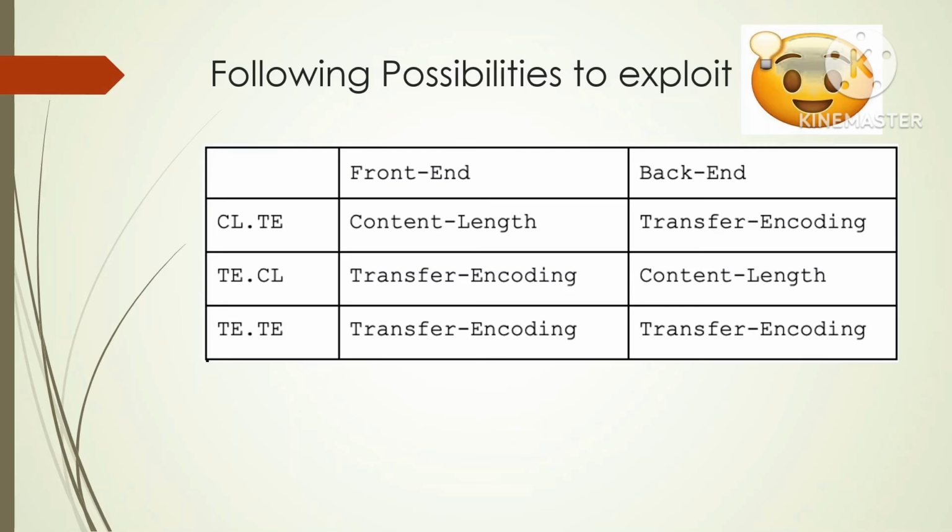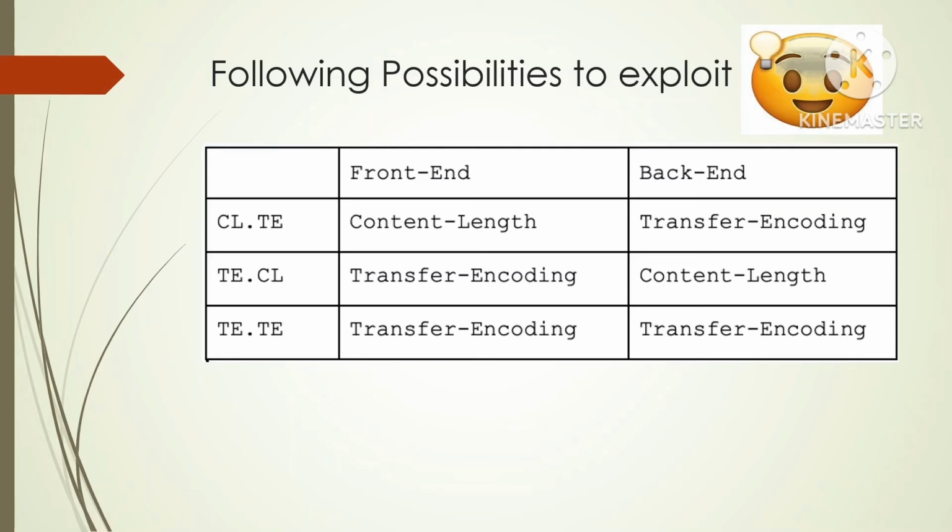It could be the reverse as well, Transfer-Encoding by the front-end server and Content-Length by the backend server. And in the third case, it could be TE.TE, Transfer-Encoding on both, and similarly we can shuffle between these two kinds of HTTP headers and play with the application.